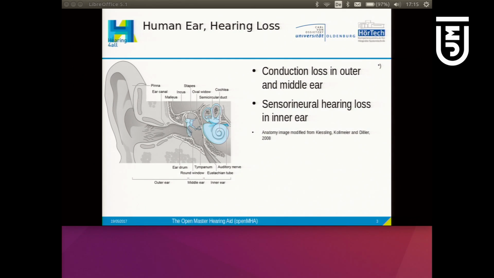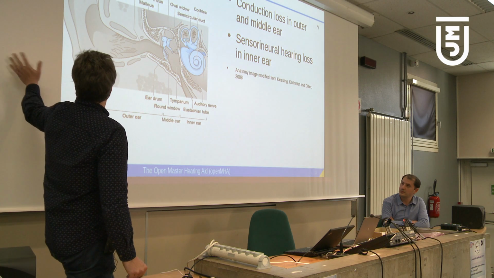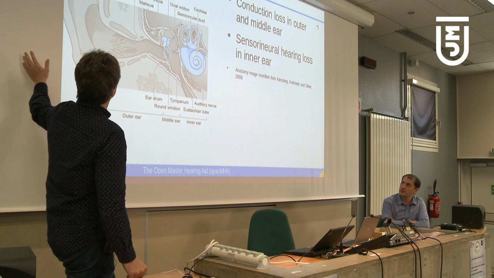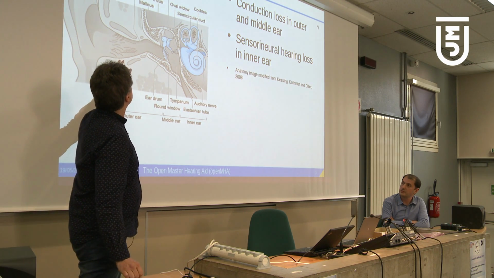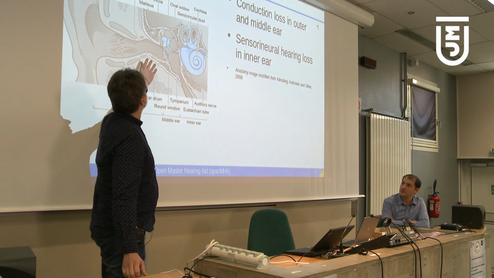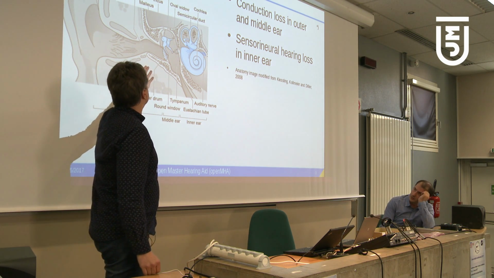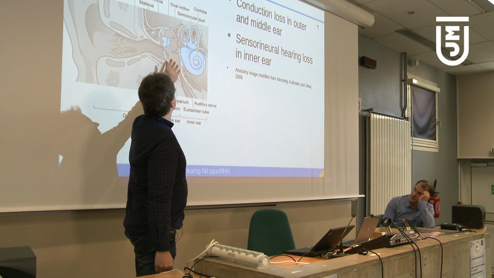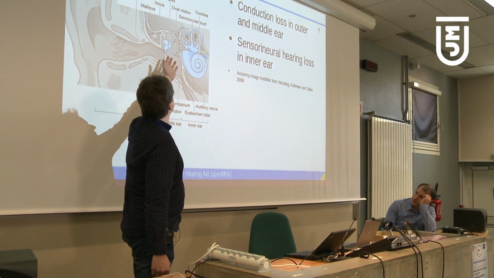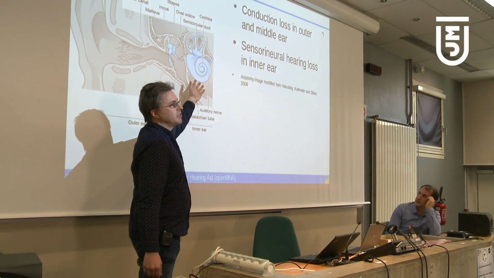Okay, here you see a picture of the anatomy of the ear. Sound arrives from outside, it passes the pinna, goes into the ear canal, and then the sound in the ear canal excites the eardrum. The sound is then transmitted through these ossicles to the inner ear.